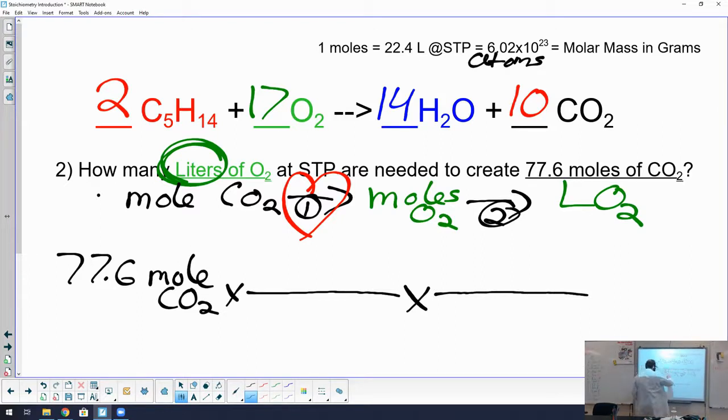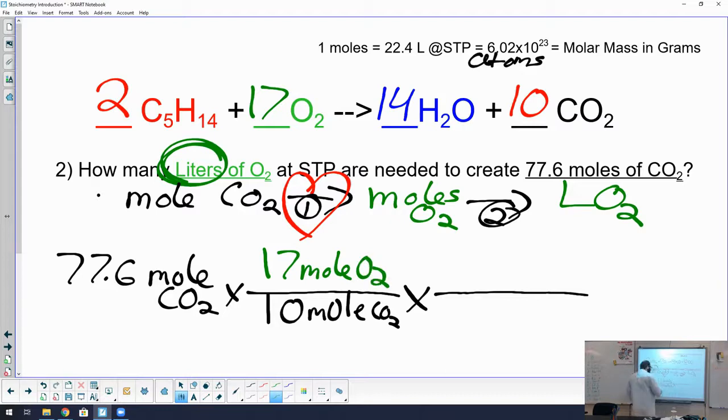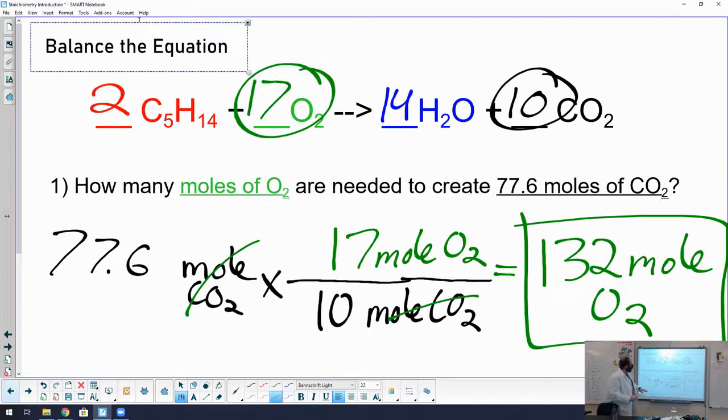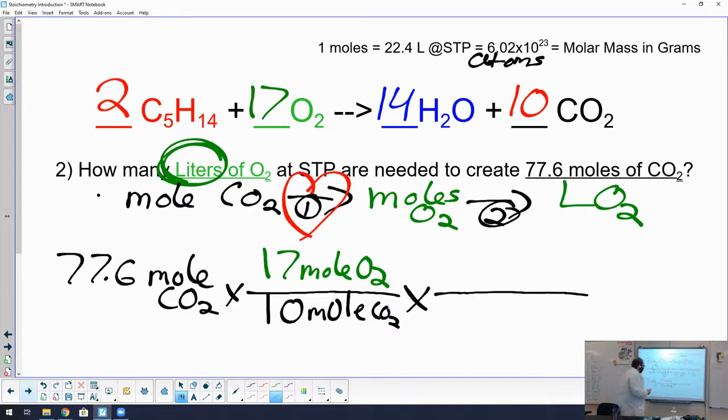We know that we have 10 moles of CO2 and we have 17 moles of oxygen. And notice that this is the exact same setup as our last problem, 17 and 10, because we're still dealing with CO2 and oxygen.